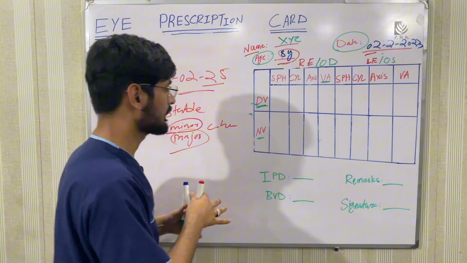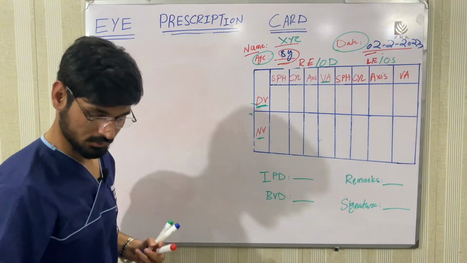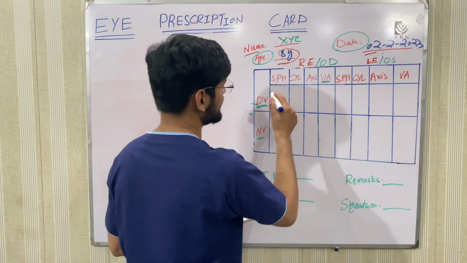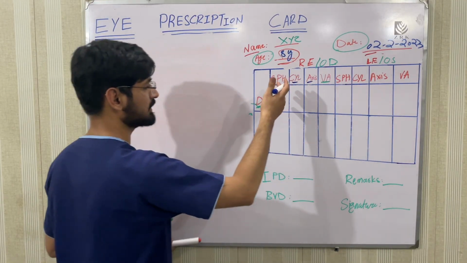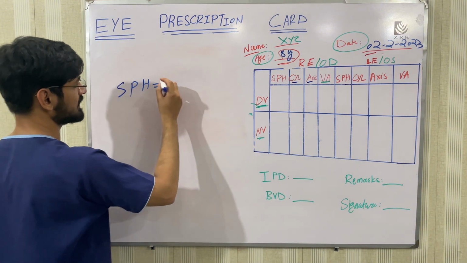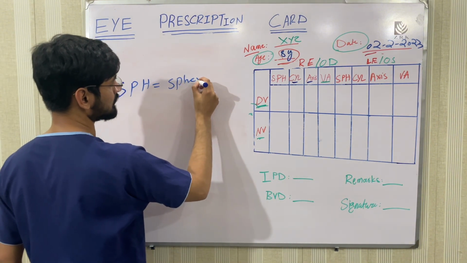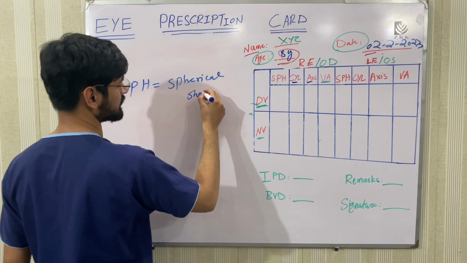Okay, so now come to the prescription card. Here you see SPH, CYL, axis. What is the meaning of these words? SPH means spherical number, or a sphere.